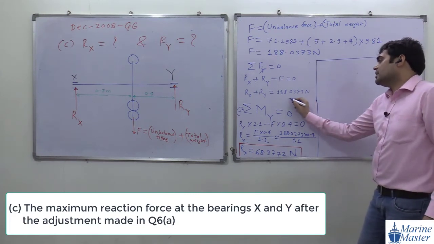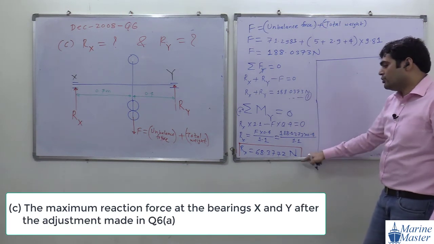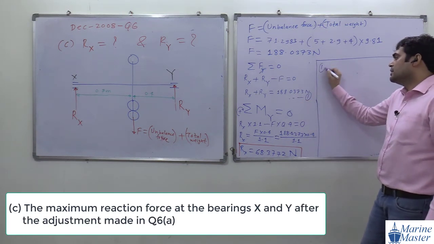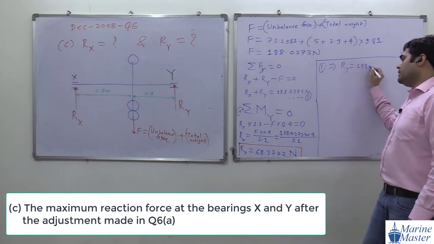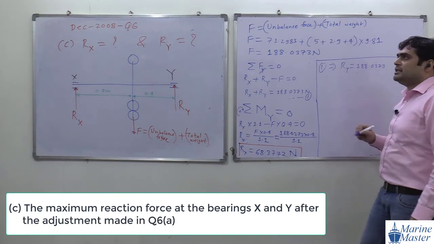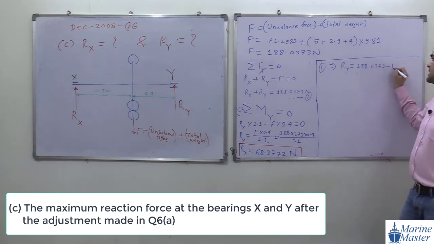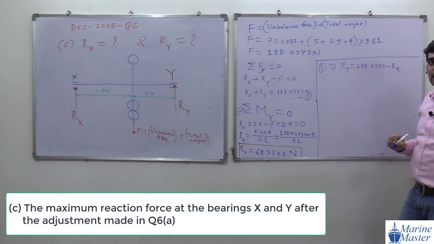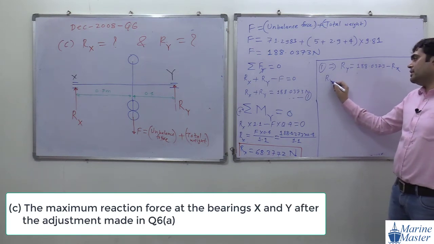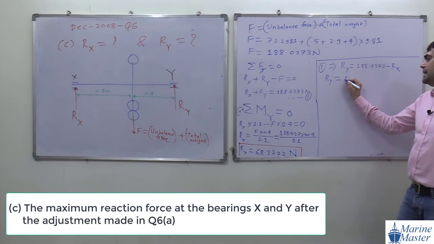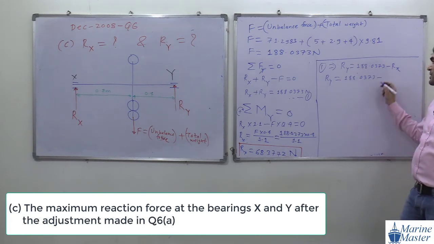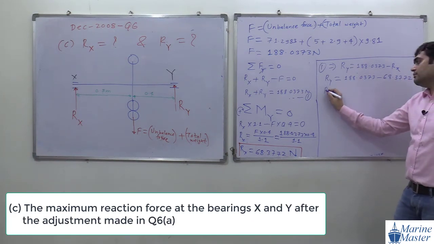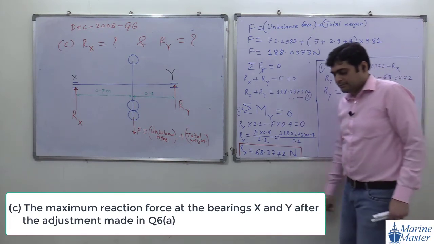We will call this our equation 1. We are going to substitute the value of Rx in equation 1. What does equation 1 say? Ry is equal to 188.0373 minus Rx. Okay, everyone, are you getting my point? So Ry will be equal to 188.0373 minus 68.3772.